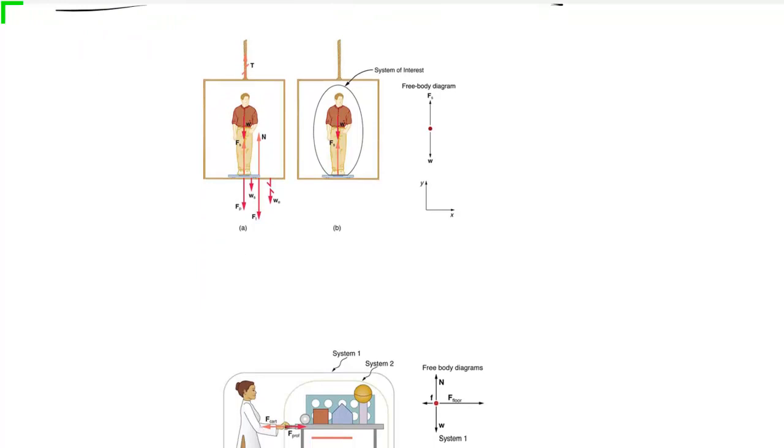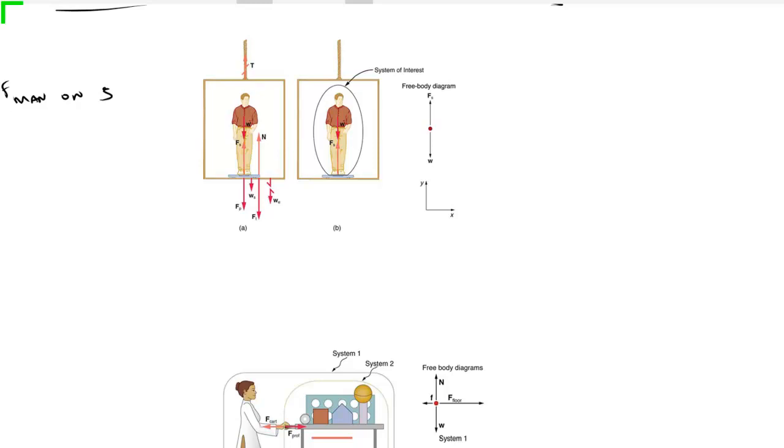Let's say in this picture here, we're interested in finding out what is the reading on the scale, or what is the force the man exerts on the scale. So let's say the force of the man on the scale. This is what we're interested in finding.